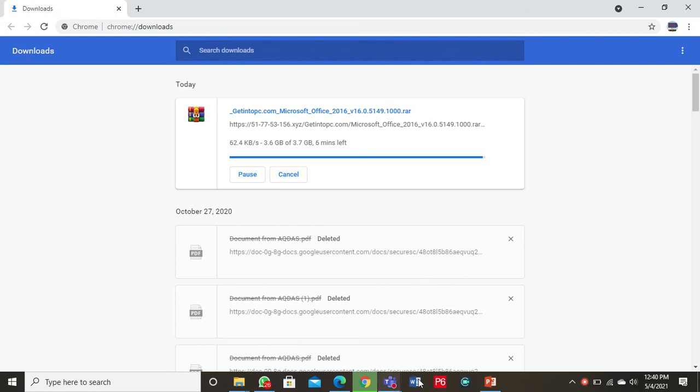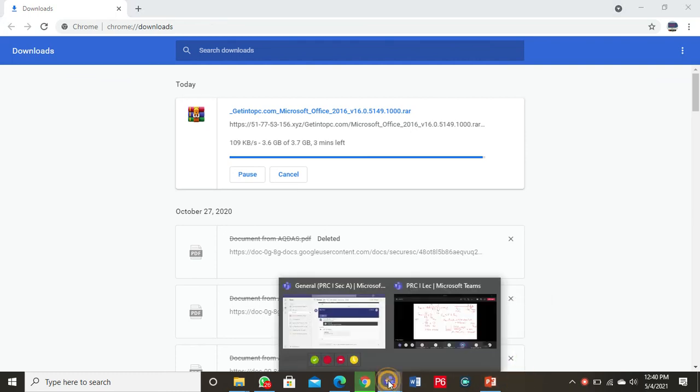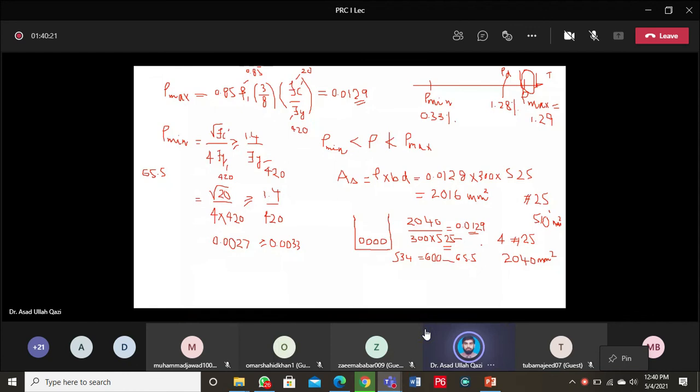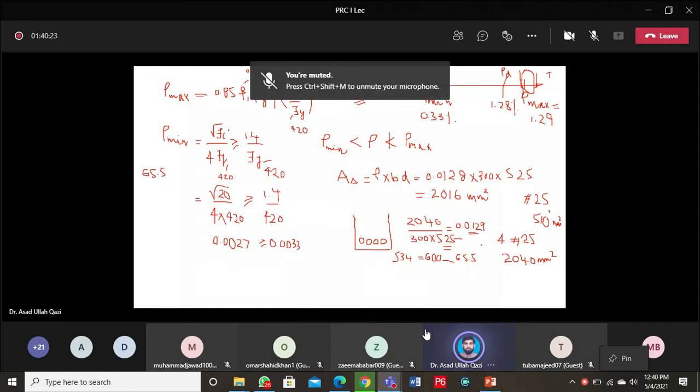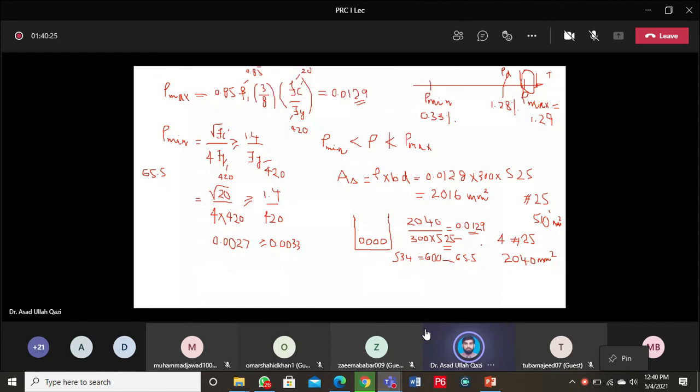So at the moment I am quite lucky because my assumed cover and my cover in field are all supporting my design, and I will be even more safe if at site they are providing 65.5 cover, because it will even increase my lever arm. It will make my internal capacity even more than what I am theoretically calculating.